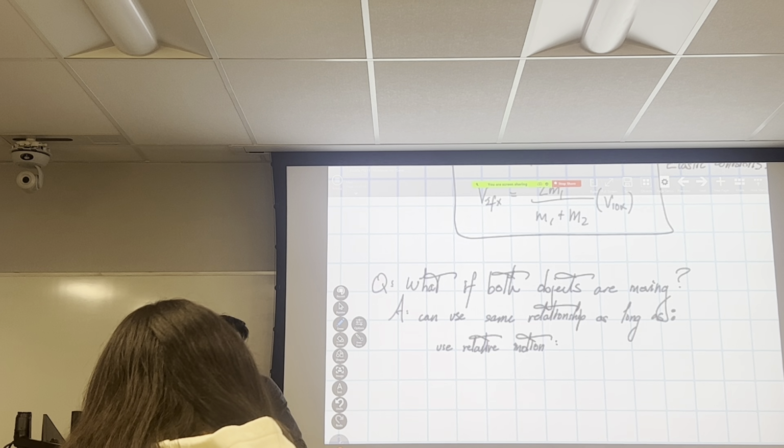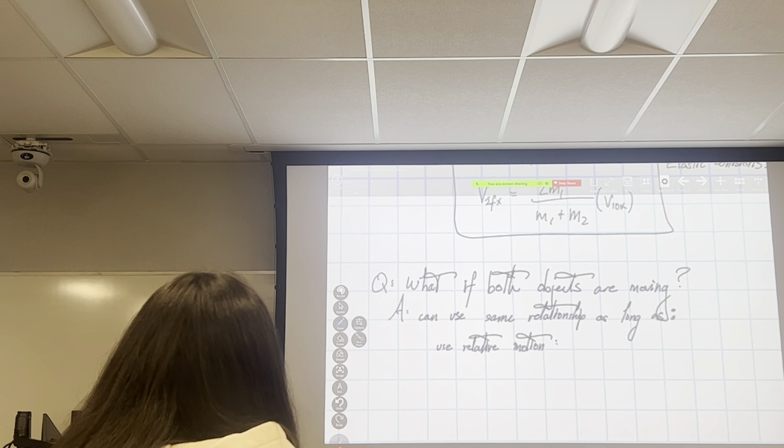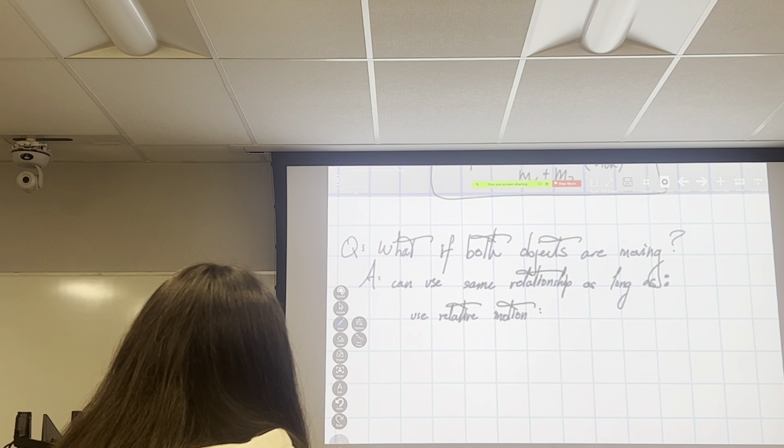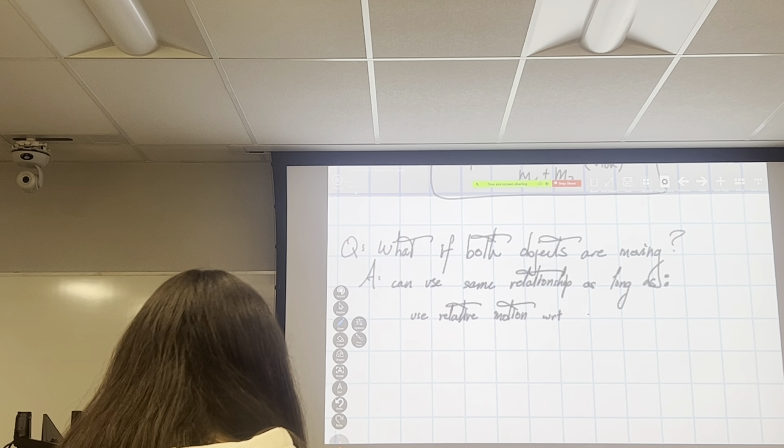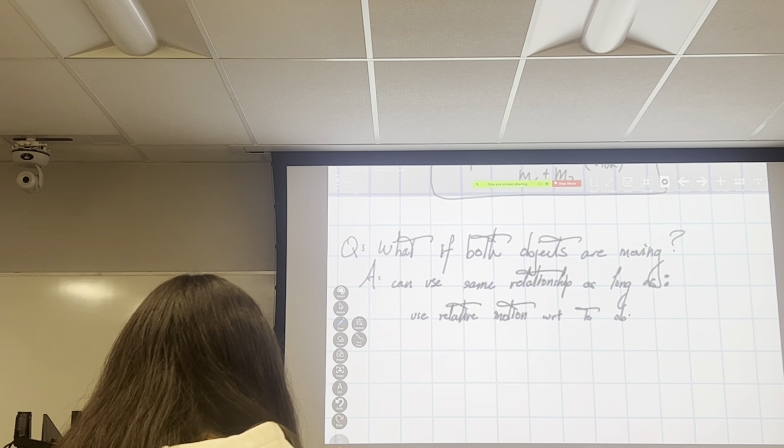You can always choose a reference point that is moving, as long as it's just moving at constant velocity. If it's accelerating, then you can't, because we are no longer in the inertial reference frame. However, if something is moving with a constant speed, you can. We are going to use that. Use relative motion, let's say with respect to object 2.